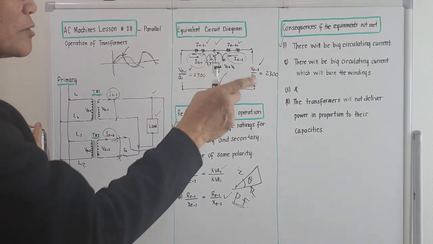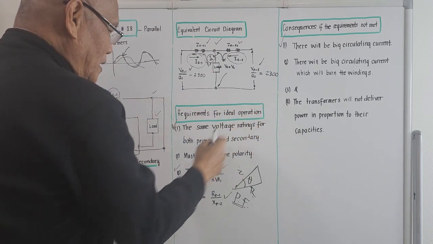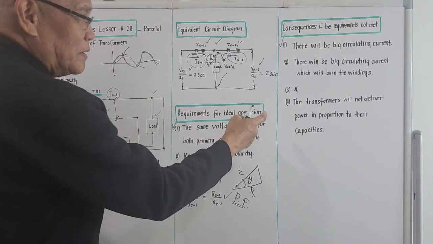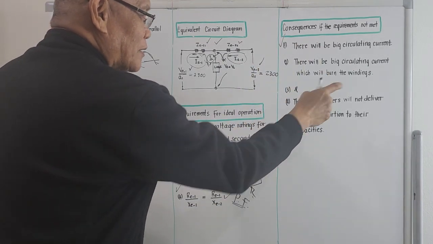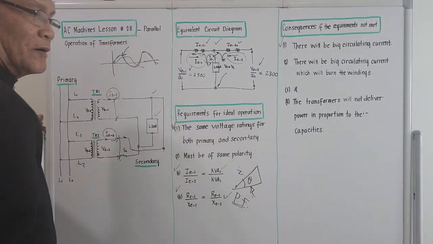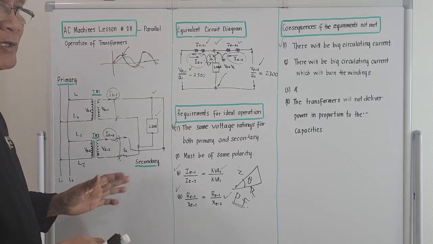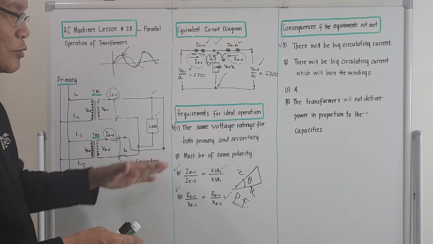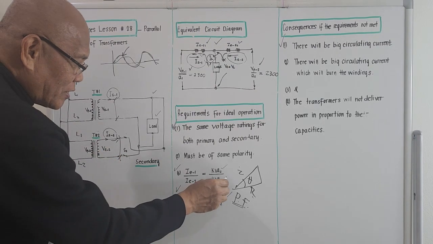And according to the consequences, if requirement number 3 and number 4 are not met, the transformers will not deliver power in proportion to their capacities. The proportionality of the current that will be delivered to the load will not be in proportion to their capacities if these 2 equations here are not met.